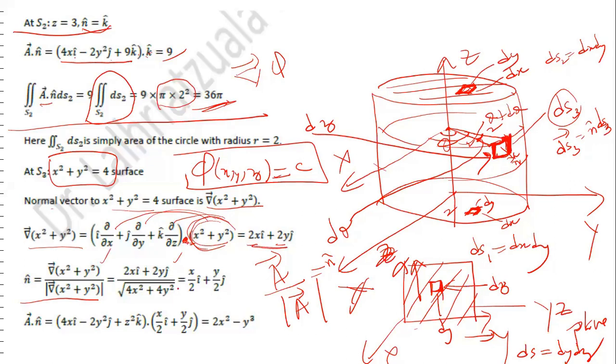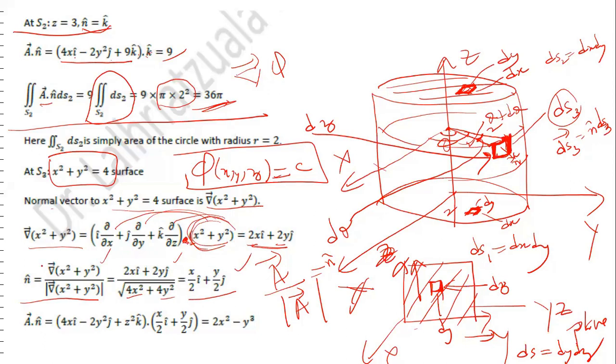This is the vector, and the magnitude is the square root of (2x) squared, that means 2 square x square. 2 square is 4, and then this is what you get. I hope this is okay with you. Now this is your unit vector.